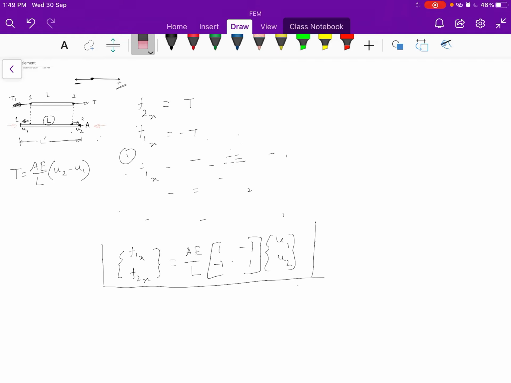And if we draw an analogy between them, then it can be seen that this entire thing, AE by L multiplied by plus 1 minus 1 minus 1 plus 1, is what is known as our stiffness K in this case, or this would represent the stiffness matrix.